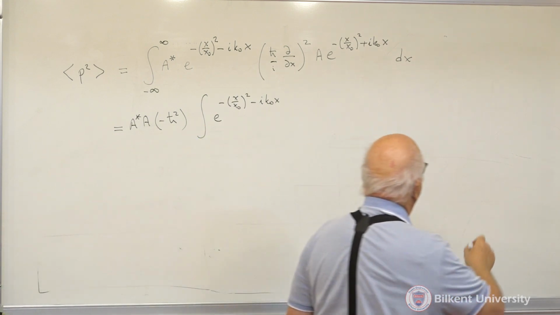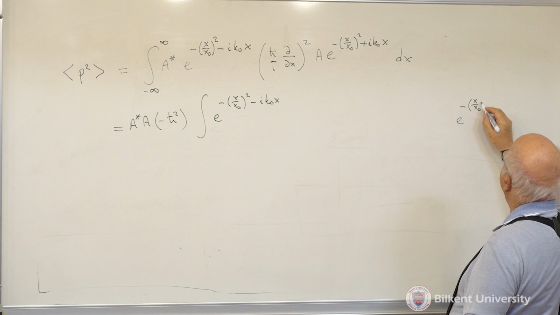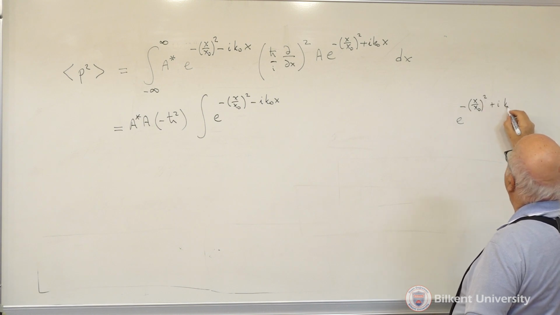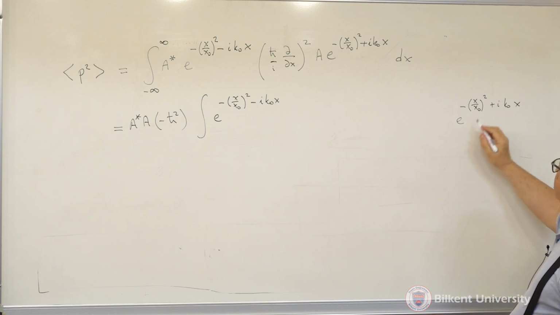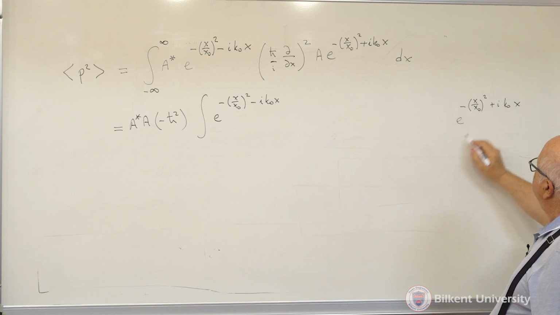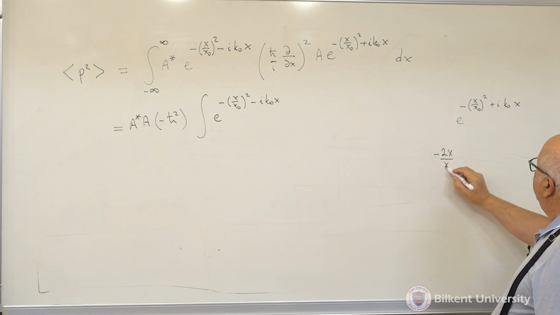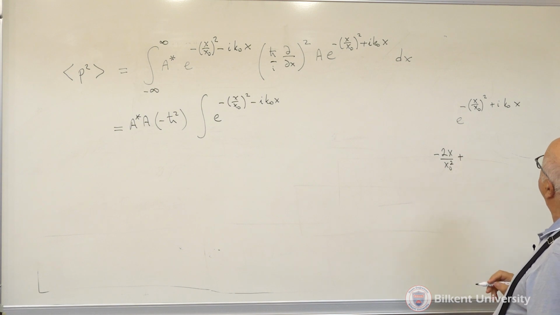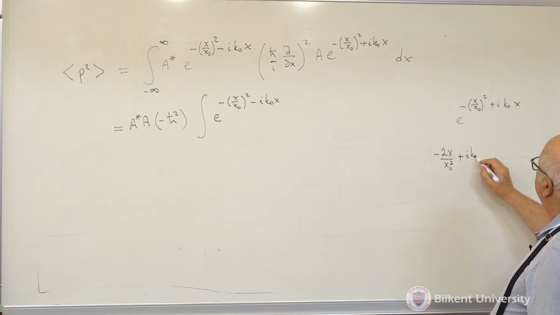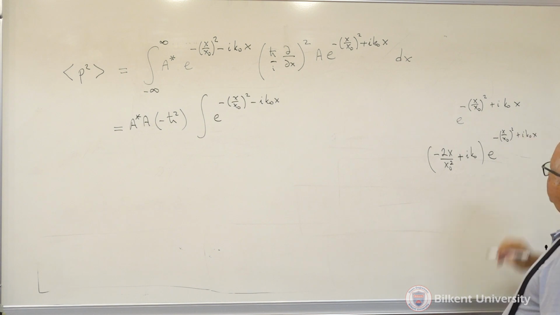So let me just do that algebra over here. Please check my algebra. The exponential of minus (x over x0) squared plus i k0 x. Okay, so the first derivative is going to bring down the derivative of this object, which is going to be minus 2x over x0 squared plus i k0, times the exponential again, minus (x over x0) squared plus i k0 x.